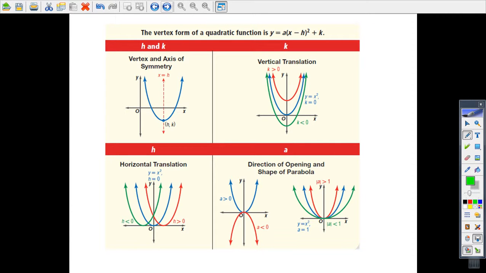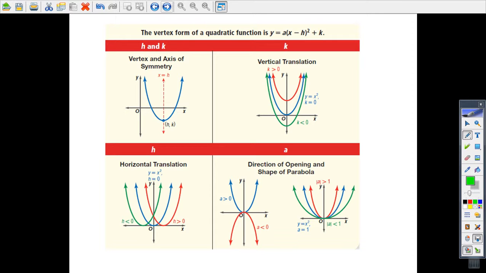Here are some different transformations that the book is telling you about at this point. We started talking about this way at the beginning because it was so helpful. But they're telling you all kinds of stuff here that you already know because we've already discussed it. When the value for k changes, it affects how far you move it up or down.